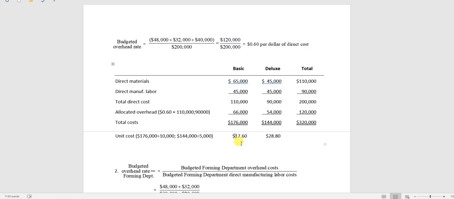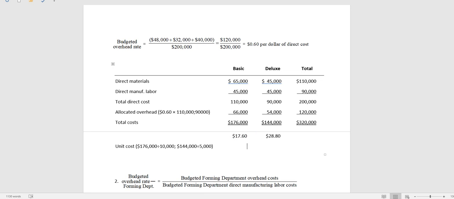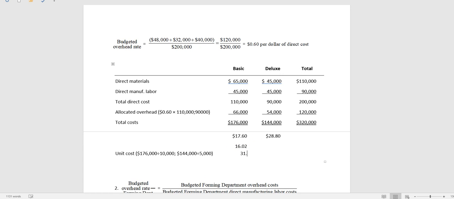The other one was in the activity-based costing. This one was 16.02. And this one was, just so you can compare them, 31.96. Okay? All right. So the question is, is it worth it?